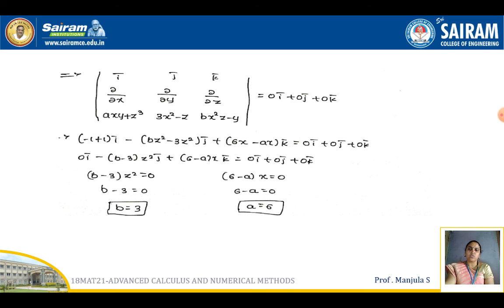Now you go for the expansion of this determinant, so that this can be written as (minus 1 plus 1) into i cap minus (bz square minus 3z square) into j cap plus (6x minus ax) into k cap, which is equal to 0. On simplification, we can write the value of a is 6 and the value of b will be 3.